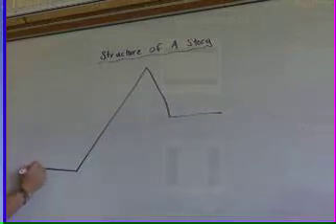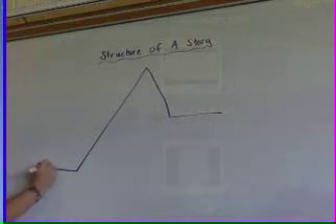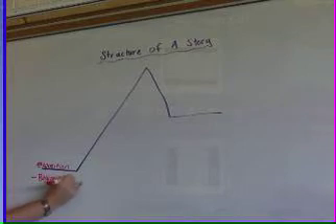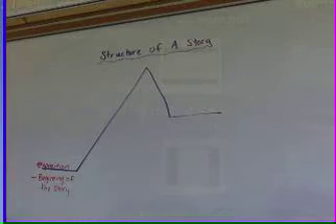So on the bottom here, you end up with the exposition. The exposition is usually the beginning of the story. So we have the beginning of this story, and it gives us the characters.